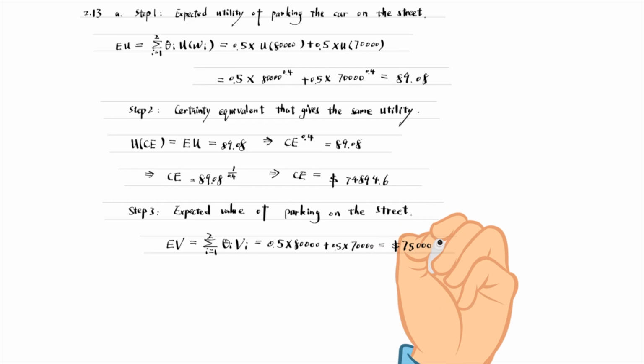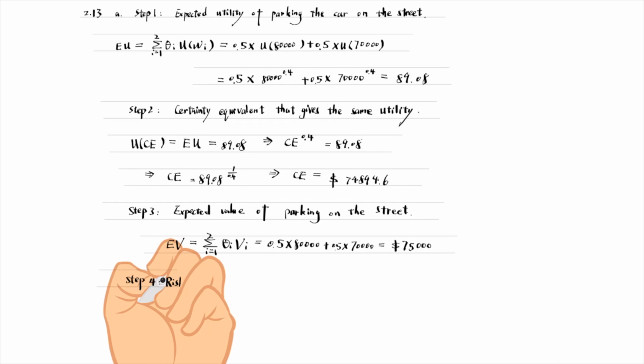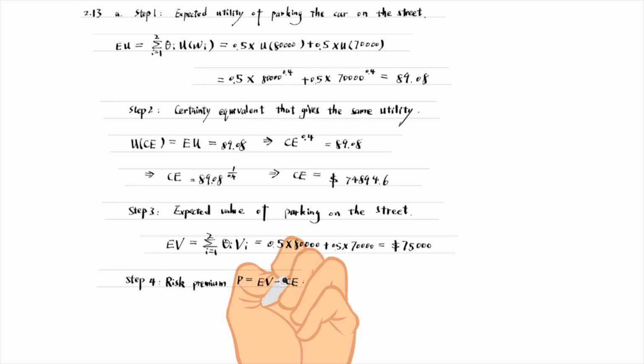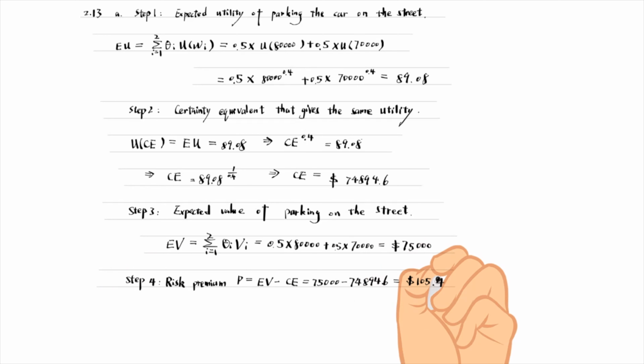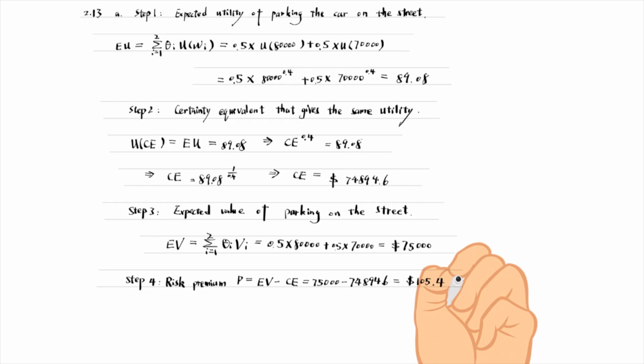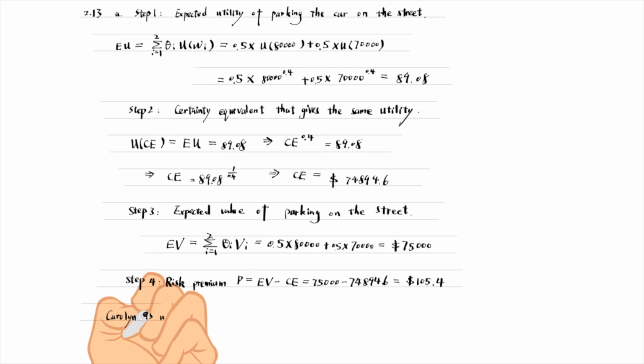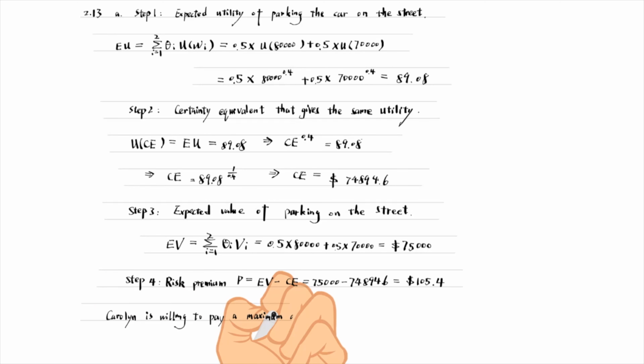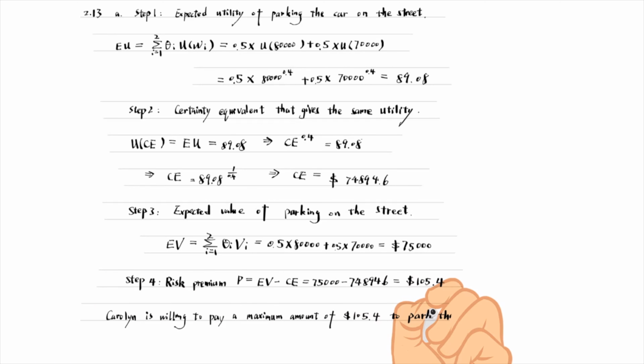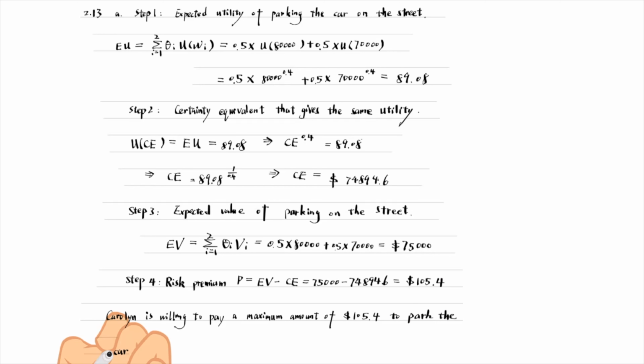It is $75,000. In the fourth step, we calculate the risk premium, which is the difference between the expected value and the certainty equivalent. It is $105.4. Carolyn is willing to pay a maximum amount of $105.4 to park the car in a garage.